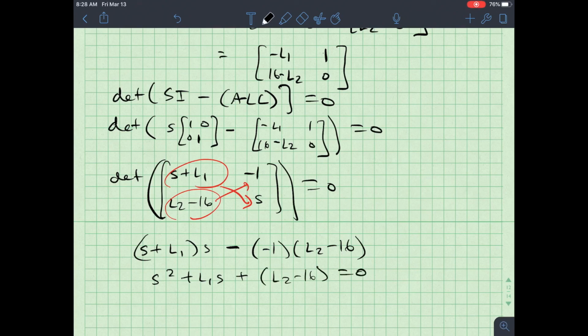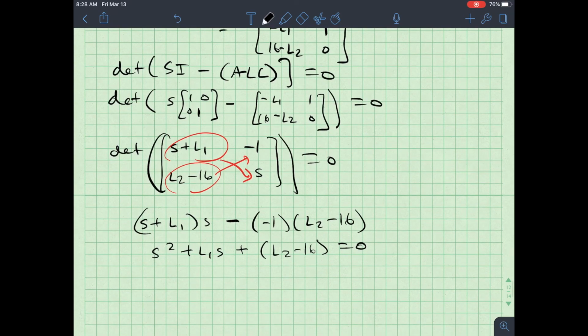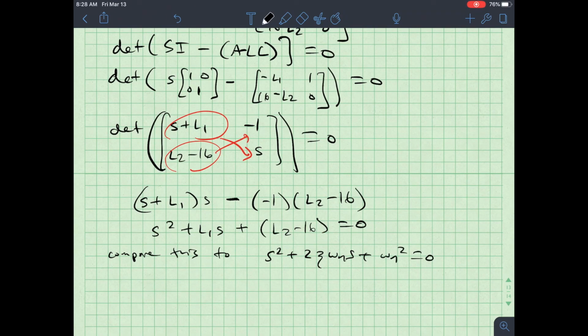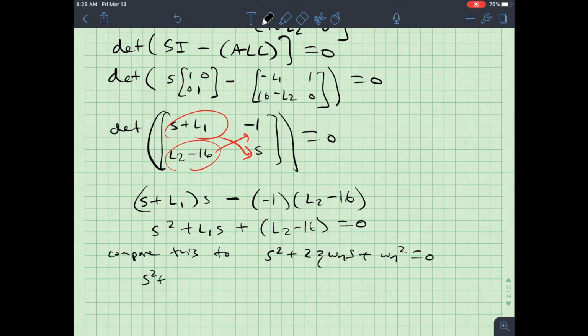And then what I want to do is compare this to my standard characteristic equation for a second order system. So let's compare this to s squared plus 2 zeta omega n s plus omega n squared equals 0. And I know, because I told you what I want zeta to be, that this is going to be s squared plus 2 times 0.8 times 2 times s plus 2 squared.